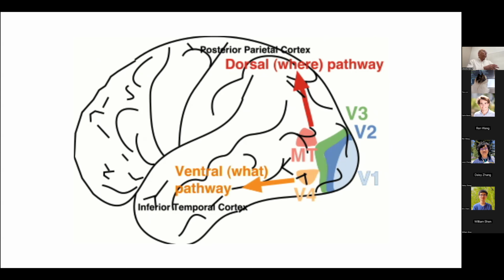I think this is in primates, yeah, but I don't know enough to tell you about what came before. Among different mammals, the importance of different systems varies. So for example, rats pay much more attention to the somatosensory system.